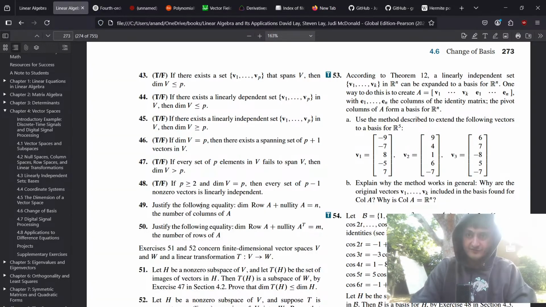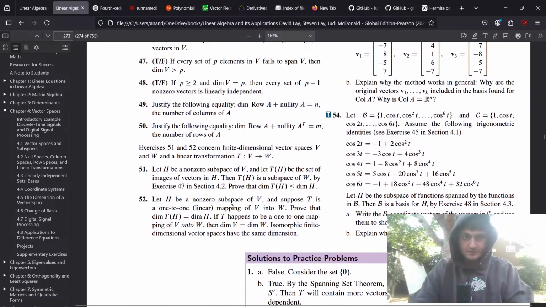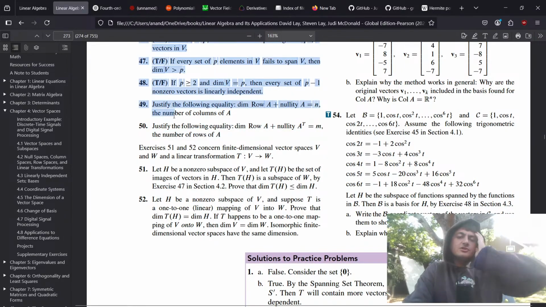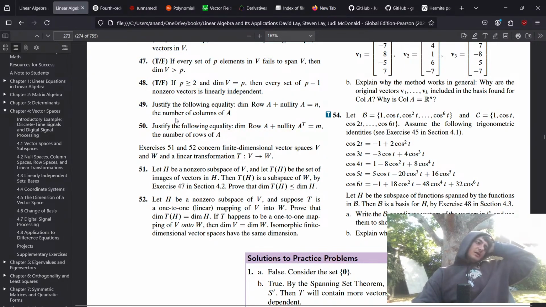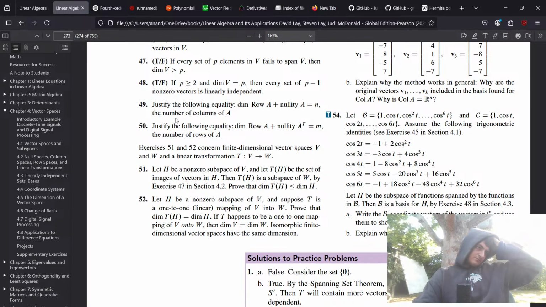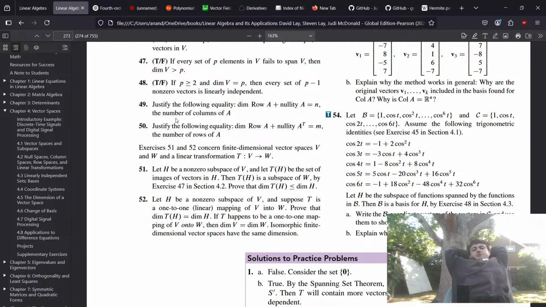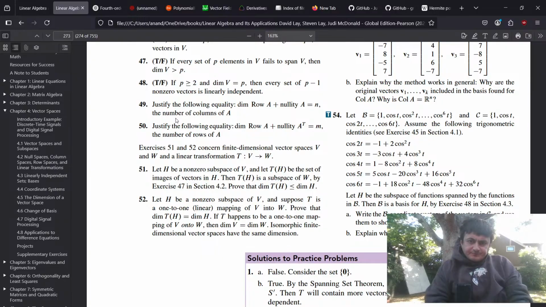All right, what was 50? These ones are obvious. Okay, 50 is the nullity of the transpose. I don't... let me think.